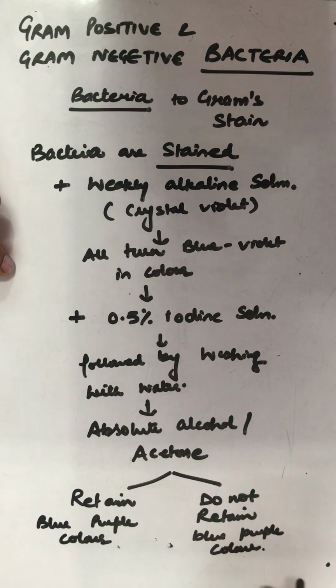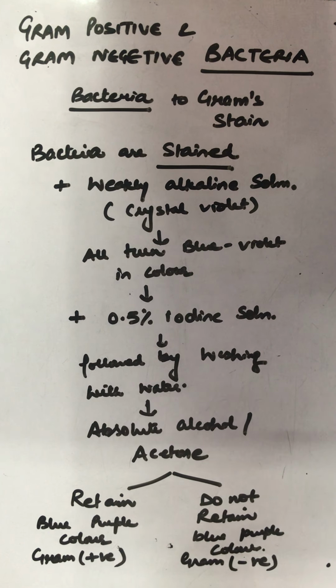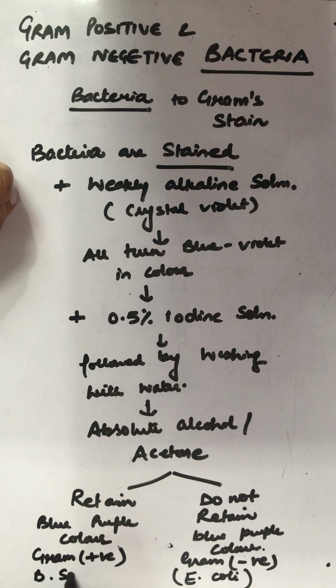These ones are gram positive bacteria and these ones are gram negative bacteria. This example is E. coli, Escherichia coli, quite famous, and this one is Bacillus subtilis. These are the two examples.